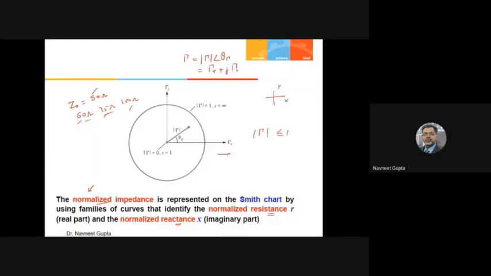That is why we use the normalized impedance, and the same Smith chart can be used for any type of characteristic impedance.